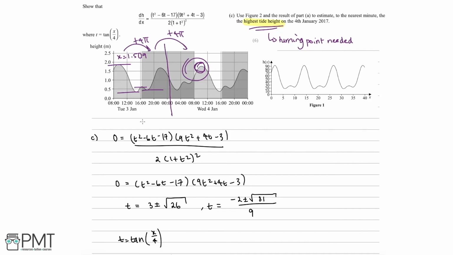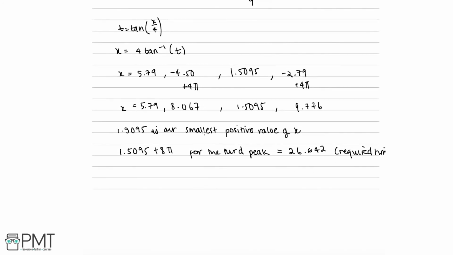Now, if we actually look back to our graphs, our x-axis over here actually corresponds to the hours. So thus, our x value of 26.642 will actually correspond to 26 hours and 36 minutes. I will do 642 multiplied by 60 is about 36, and 26 just represents hours.